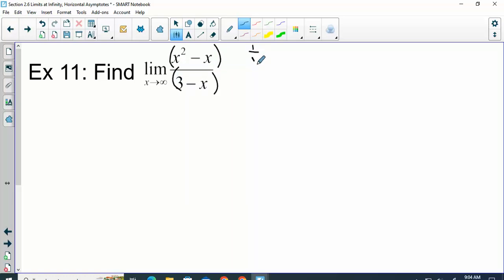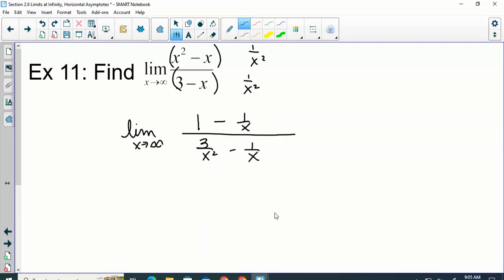So if I took everything times 1 over x squared, that gives me 1 minus 1 over x divided by 3 over x squared minus 1 over x.